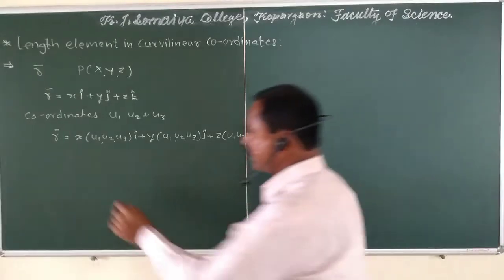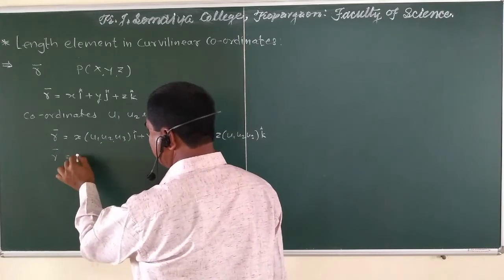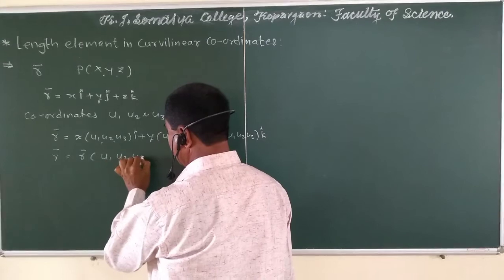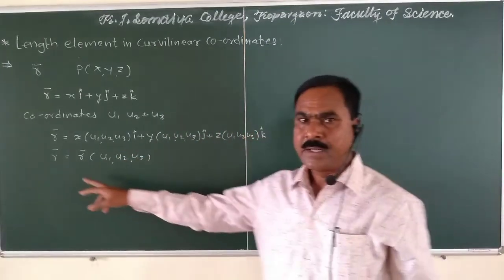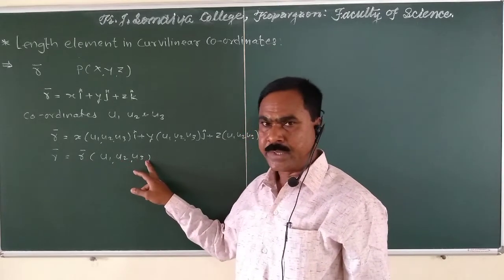That is, r bar equal to r bar of u1, u2, u3.